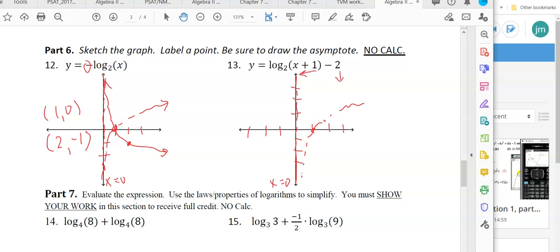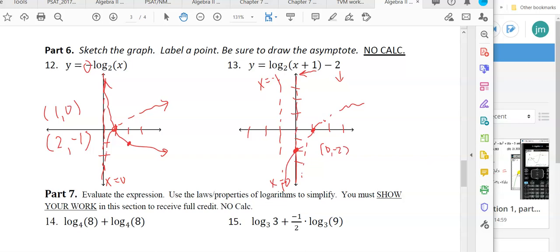Moving to the left 1 really does change the asymptote, so the new asymptote will be x equals -1. The point started at 1, 0. Now it's going to go left 1 and down 2, so now that point is at 0, comma, -2. And the behavior of the graph starts low and kind of goes up.